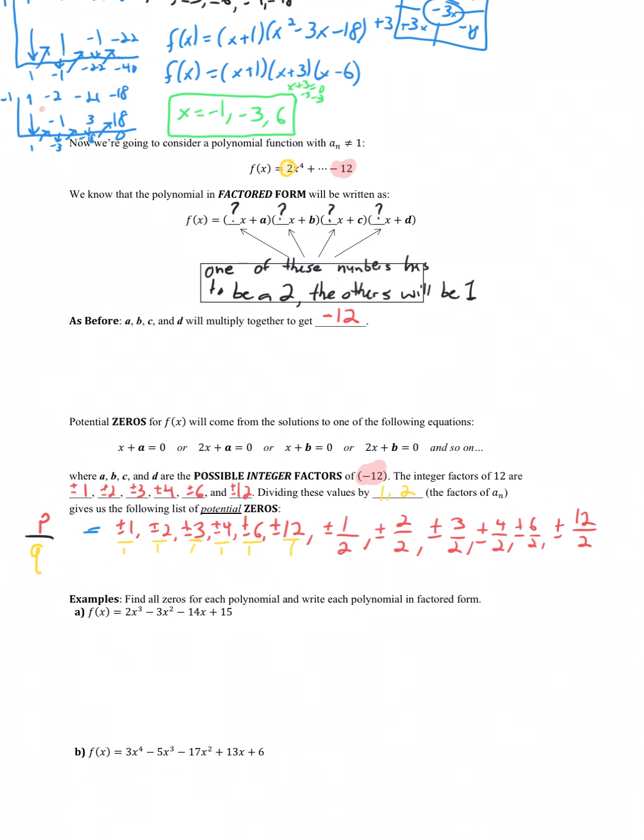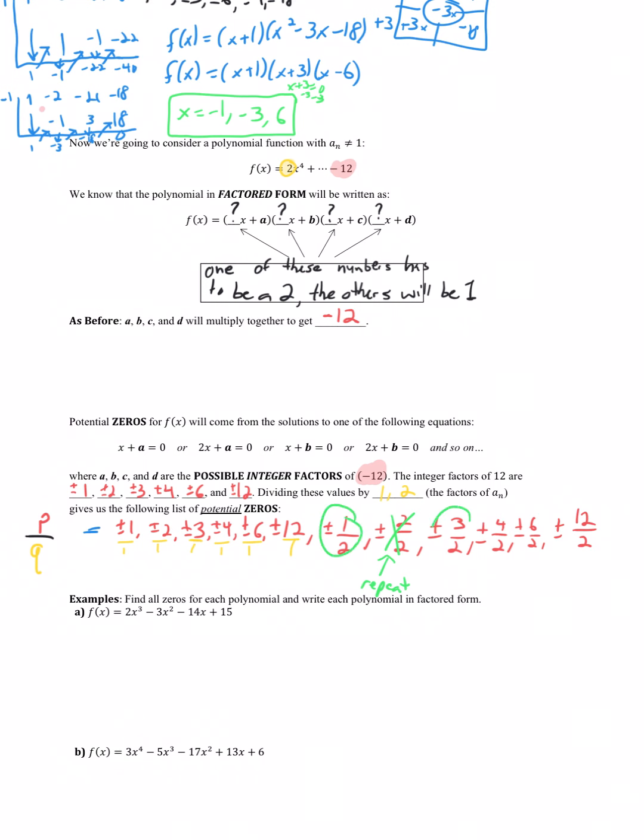But when we look at the other list, hopefully we notice something. What is 2 divided by 2? It's just 1. We already have 1 written down over here, so this one's a repeat. We don't need to write that one again. We don't have a 1/2 yet, so that's a new one.